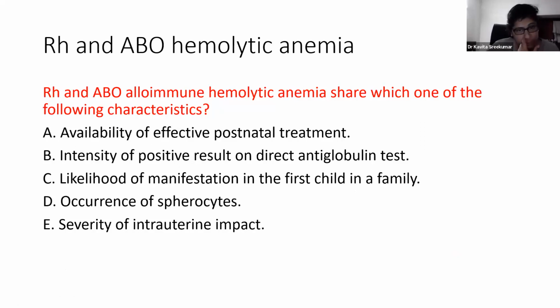Second, intensity of positive result on direct Coombs test or direct antiglobulin test. The likelihood of manifestation in the first child in the family, occurrence of spherocytes, and severity of the intrauterine impact. Which one is common for both?